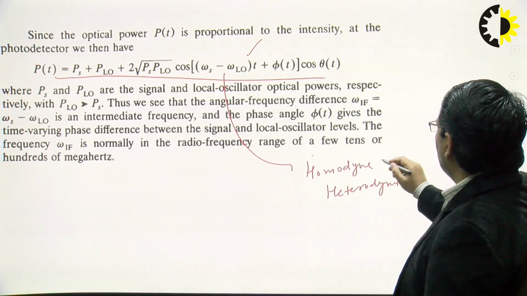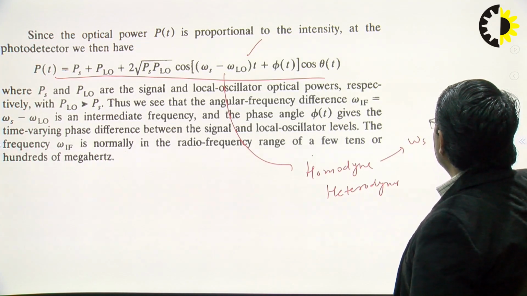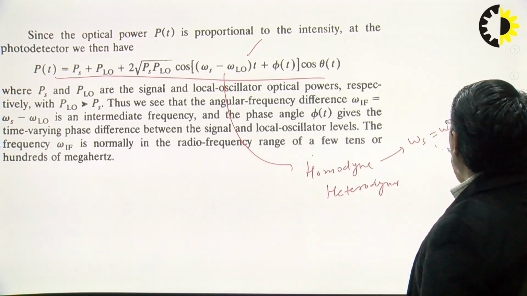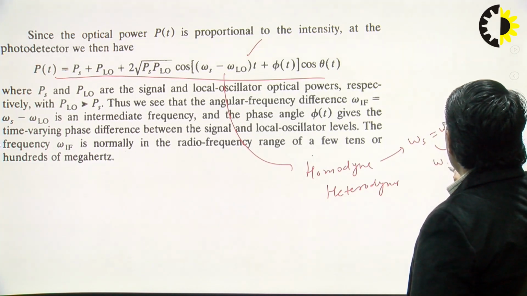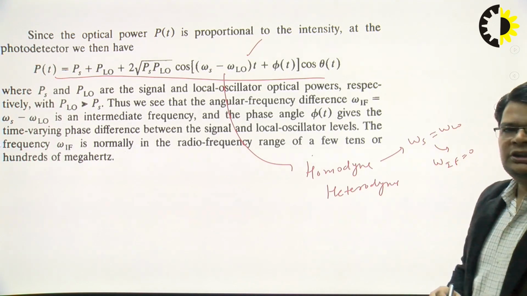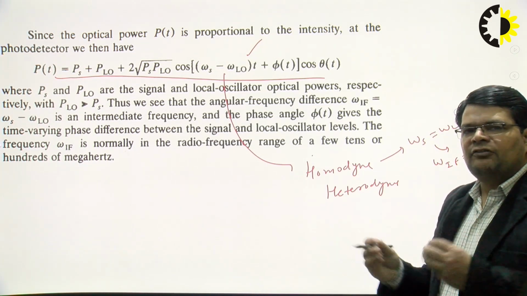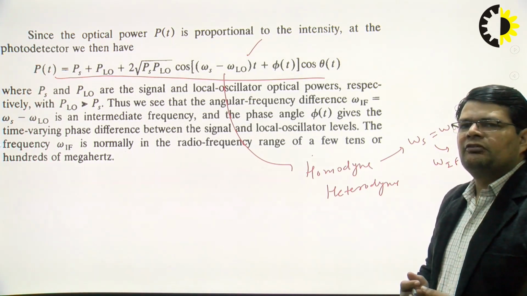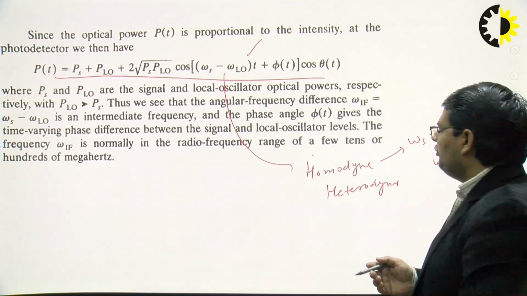Homodyne means when we have Ws equal to WLO, that is, the intermediate frequency is equal to 0. In this case, proper matching is required between the signal received from the fiber and the local oscillator frequency, so it is difficult.